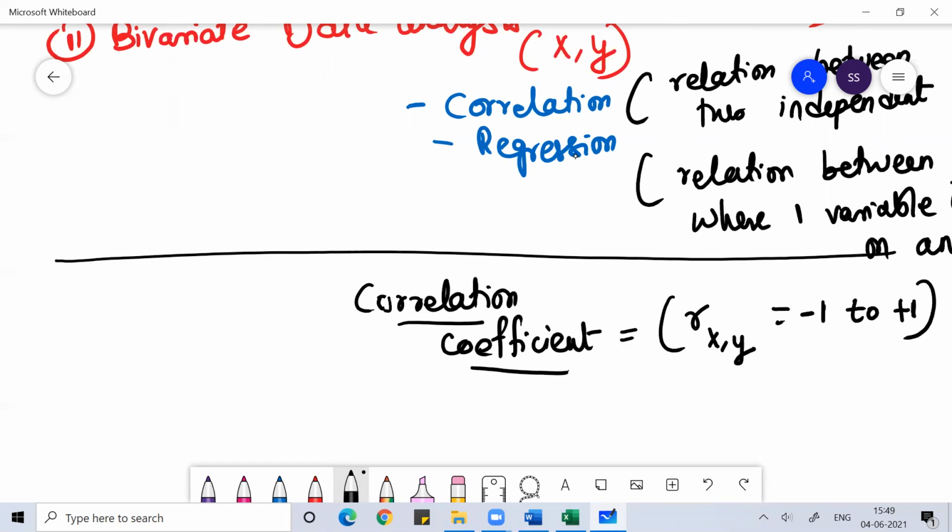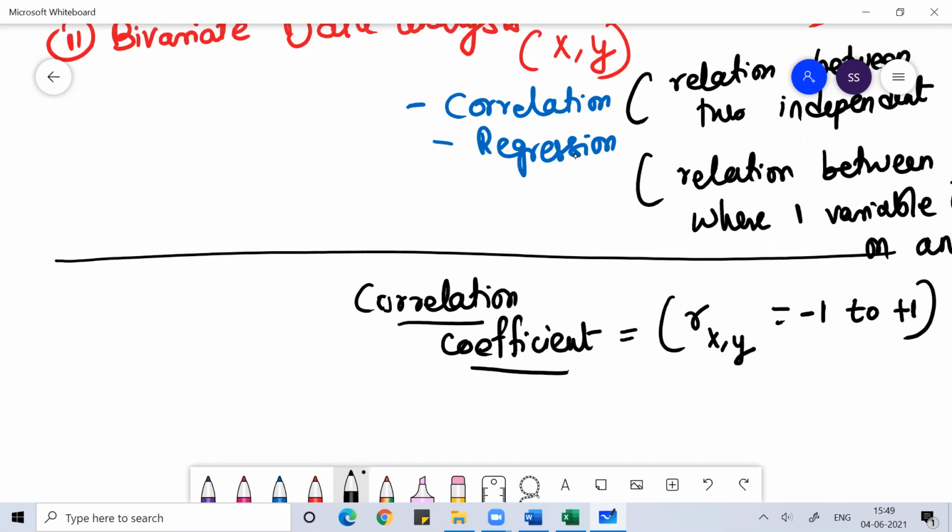So please remember what the correlation coefficient is. It is all about finding the relation between two independent variables, meaning variables which are independent in nature and don't have any relation with each other.